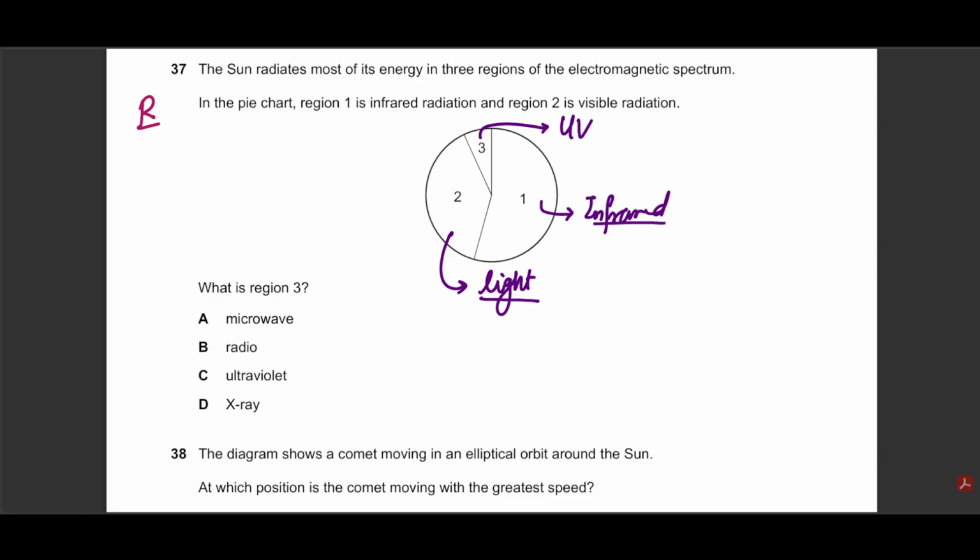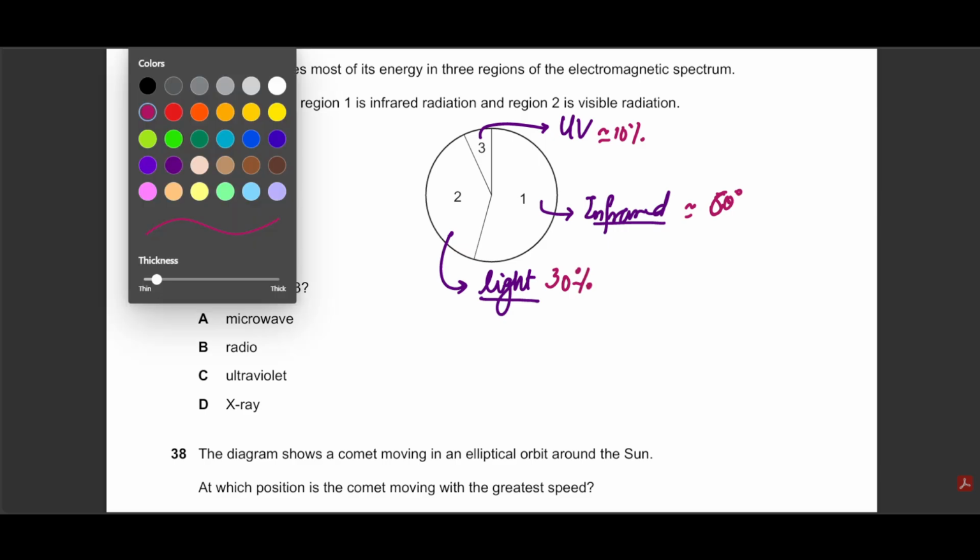But if you really want to go into the percentages, this is roughly 10%. This infrared is approximately more than 55 or 60. Let's make it 60%. And the light is 60, 70, around 30% of it.